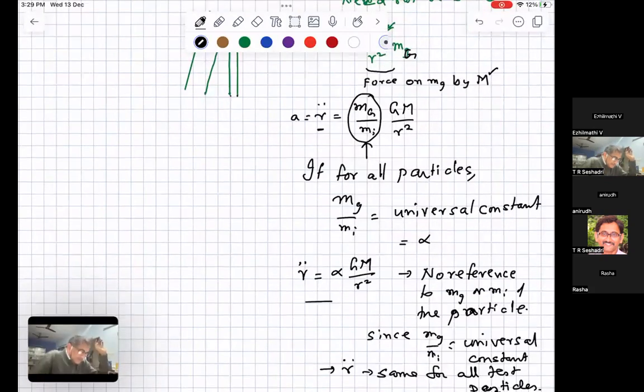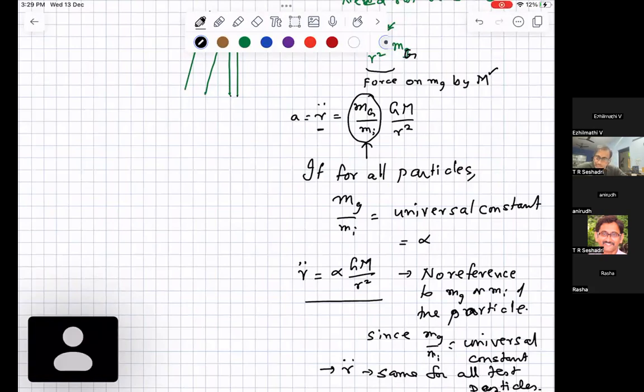So my R double dot will be this. And since alpha is a universal constant, nowhere does it depend on the properties of the test particle. In particular, it does not depend on either the gravitational mass or the inertial mass of the test particle. Is that okay? Yes, sir. Okay, Anirudh, Rasha? Yeah, got it. Yes. Rasha, is it okay?